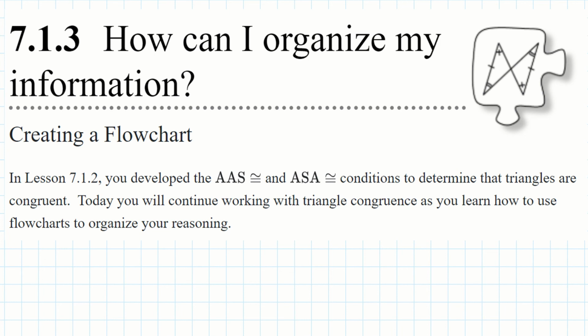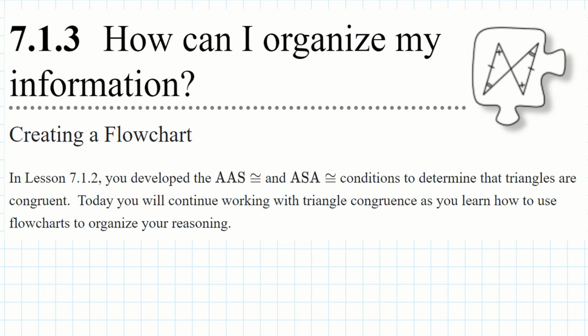So yesterday and the day before, we settled in on two triangle congruence conditions. We call them angle, angle, side, or angle, side, angle, or two angles and the side that's included or in between them being congruent. When we see that pattern in a diagram, we have enough evidence that the triangles are congruent that we're calling those a triangle congruence condition.